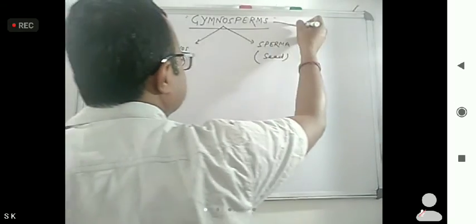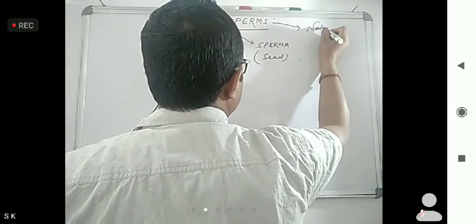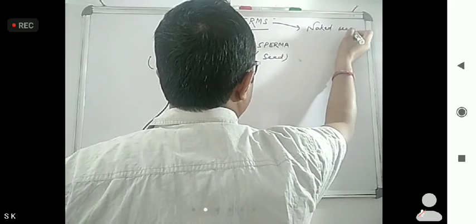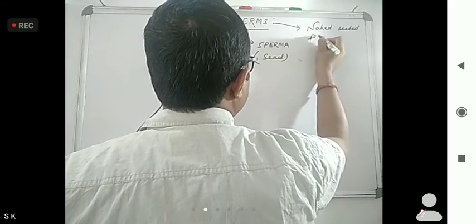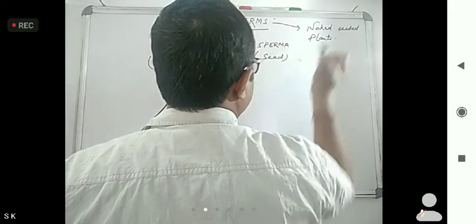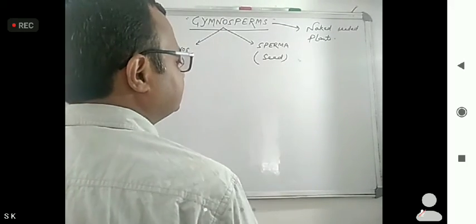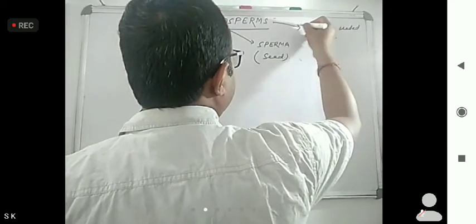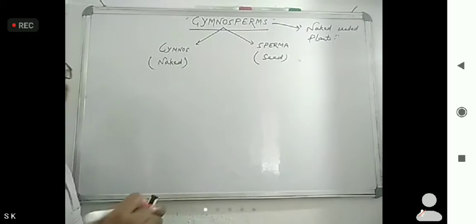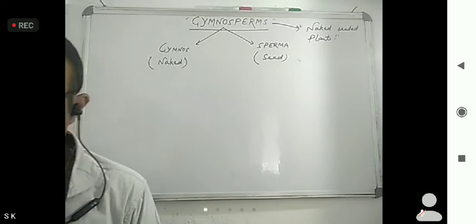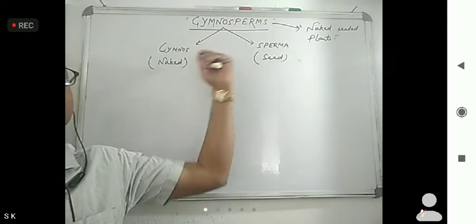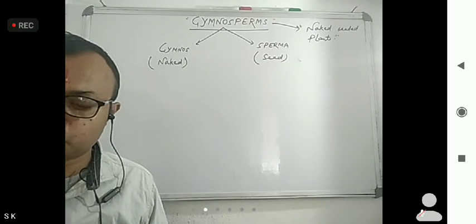So gymnosperms are naked seeded plants, which means seeds are present but they are not covered. So that all belongs to gymnosperms.